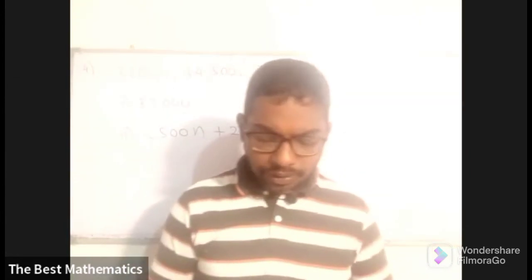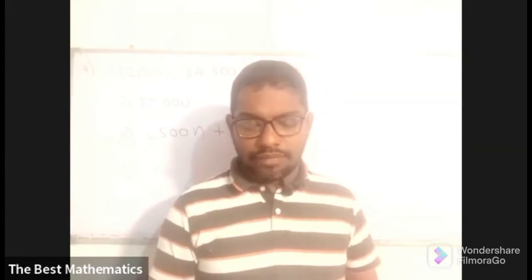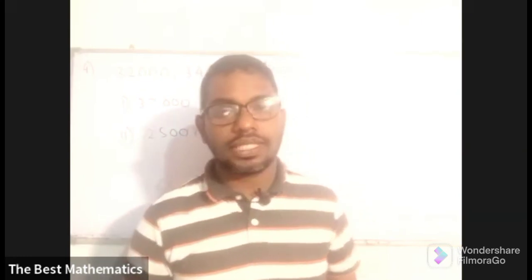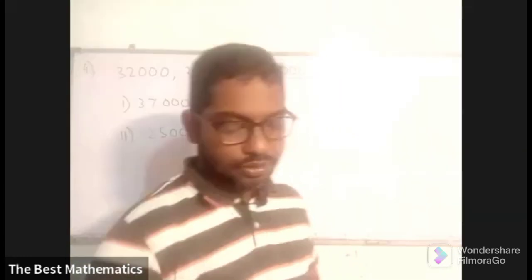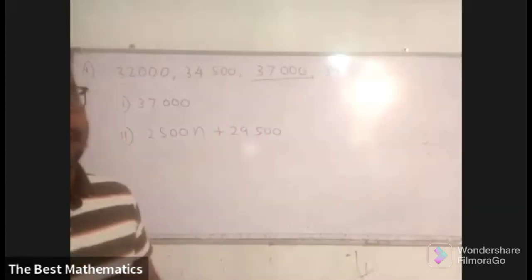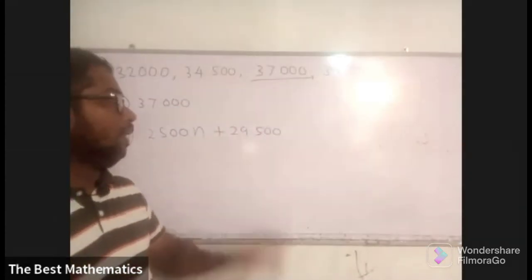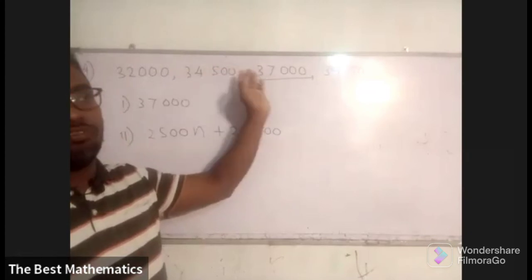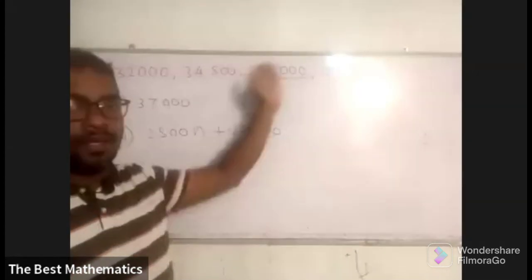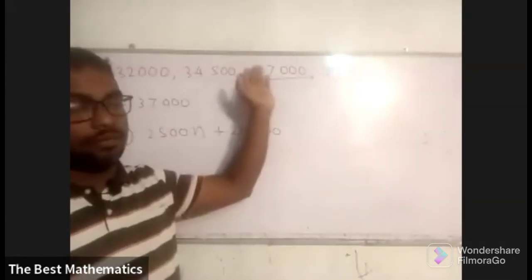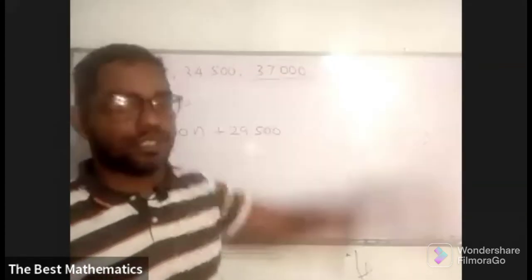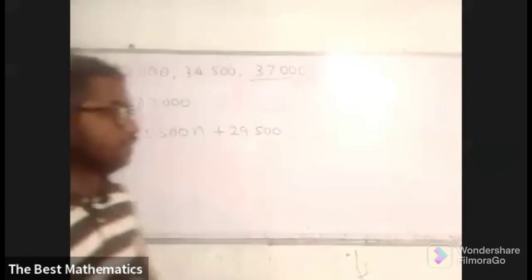Yes. In which year will he receive 42,000 rupees? We have to find the place of 42,000 in this number pattern. In this number pattern, which term will be 42,000? Yes, that is very easy.